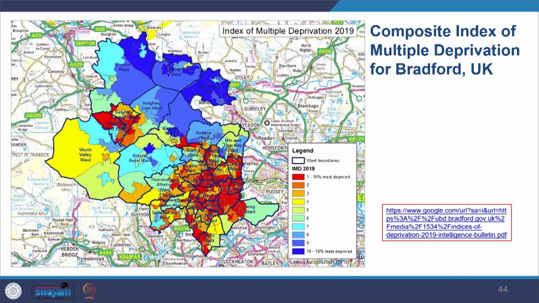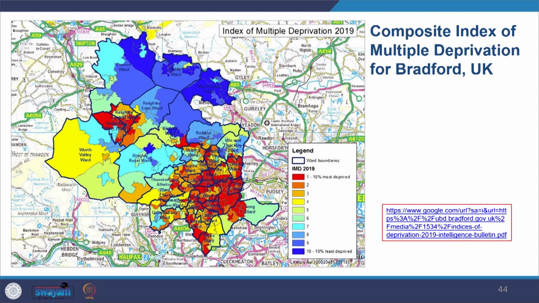And then you can also look at deprivation indexes, which help you with social profiling. You can see another good example from England, the Index of Multiple Deprivation, IMD, which we had spoken about before as well.